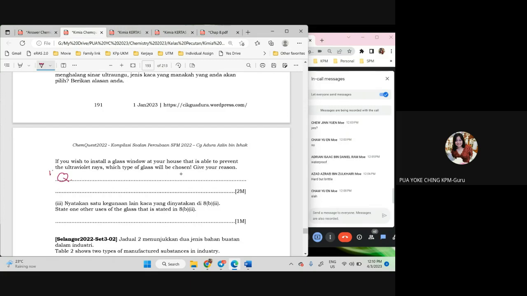But it's the same taraf because this is already point 1. You need another point. Okay? I give you the stop sunlight from penetrating the window. Stop sunlight to penetrating. Cannot.